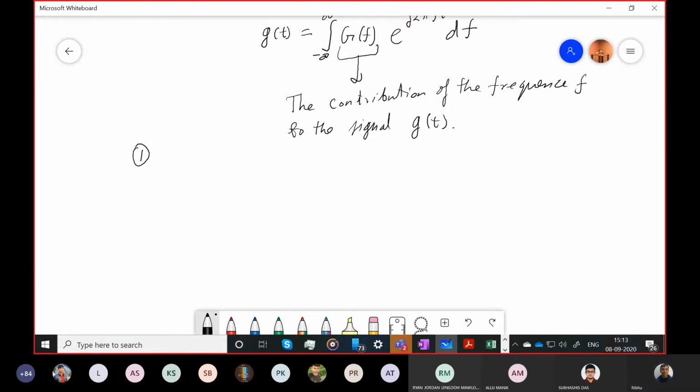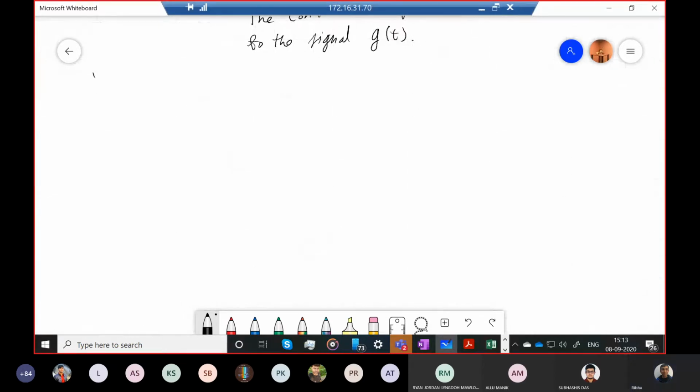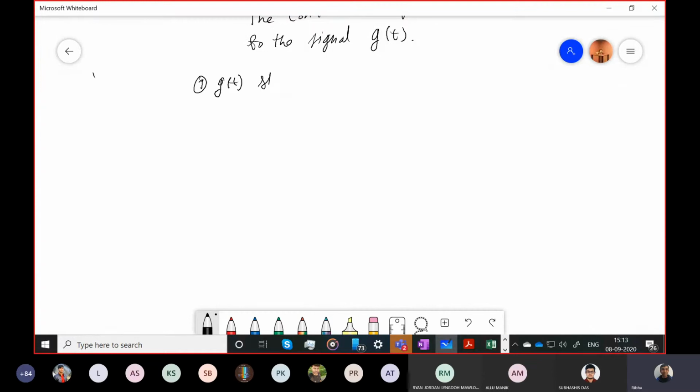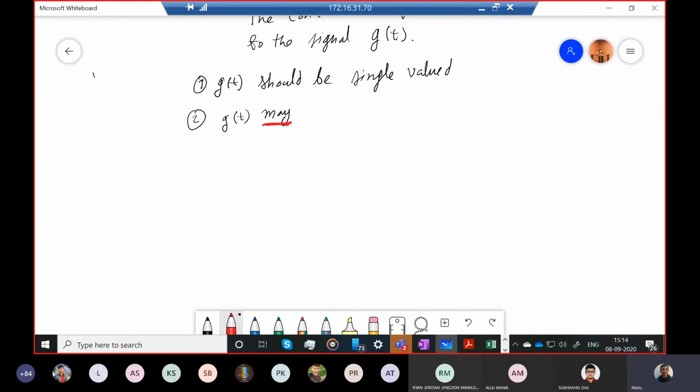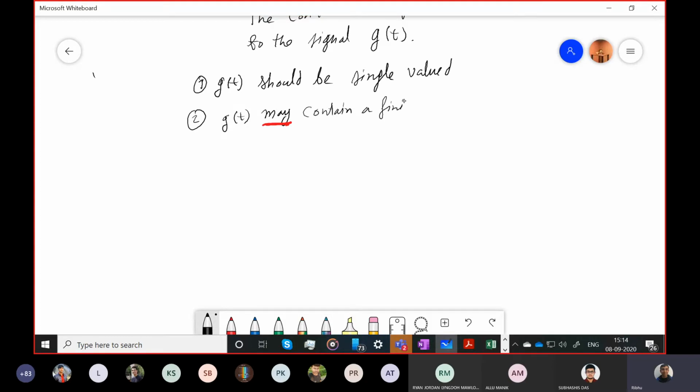1, g(t) should be single valued. 2, g(t) may, and this "may" is important, contain a finite number of finite discontinuities.